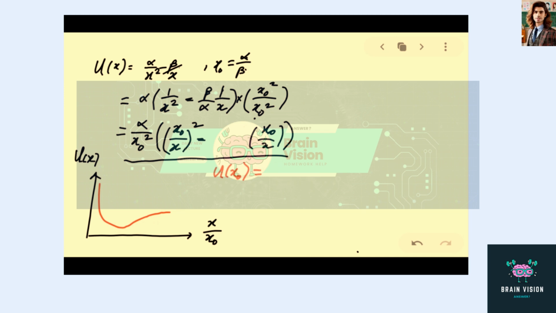Substituting x equals x naught into our expression here, we would get alpha over x naught squared times 1 squared minus 1, which gives us 0. This tells us that at the point where x over x naught is equal to 1, the value of U(x) is equal to 0. So we can shift this graph a bit to make it more accurate.